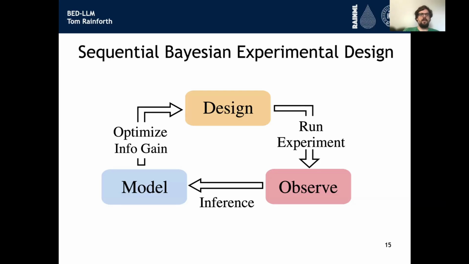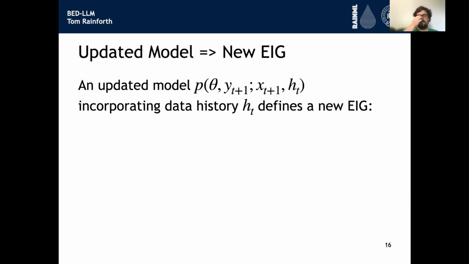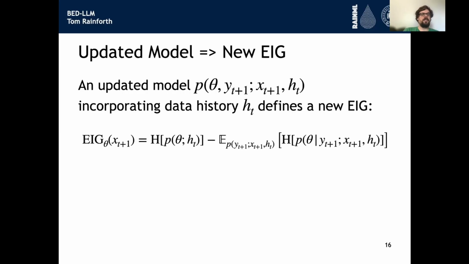and then updating our model. Just to write this a bit more mathematically, we have our updated model as a joint over theta and the next response y_{t+1}, which is a function of our current query x_{t+1} and our history h_t. This updated model defines an EIG, an expected information gain, in the same way as before. Before, we had the difference between the prior entropy and the expectation over posterior entropy, and it's the same thing here.